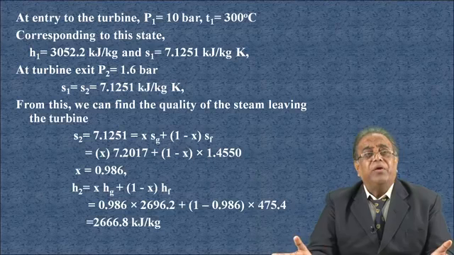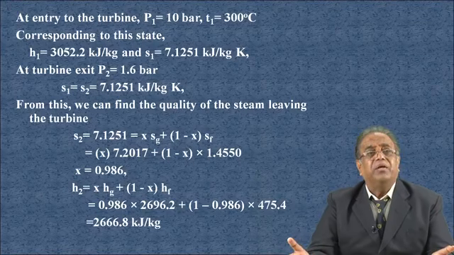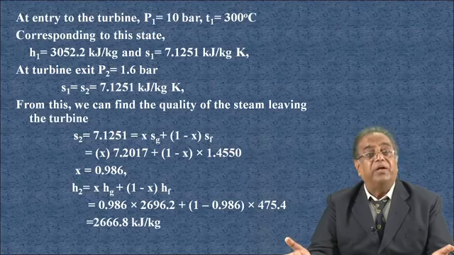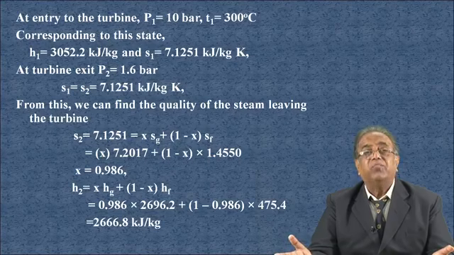At the entry point of the turbine, P1 is given as 10 bar, T1 is equal to 300 degree centigrade. Corresponding to this state, from the steam table we can calculate H1, that is enthalpy at point 1, equal to 3052.2 kilojoule per kg, and S1, that is entropy at point 1, is equal to 7.1251 kilojoule per kgK.